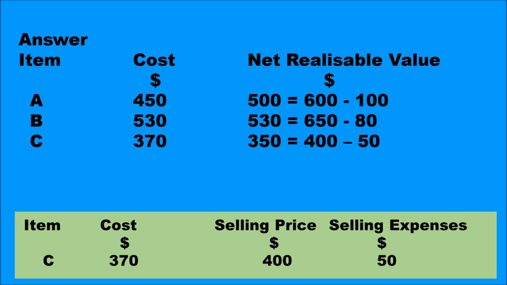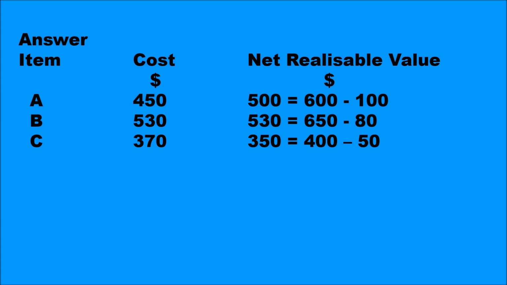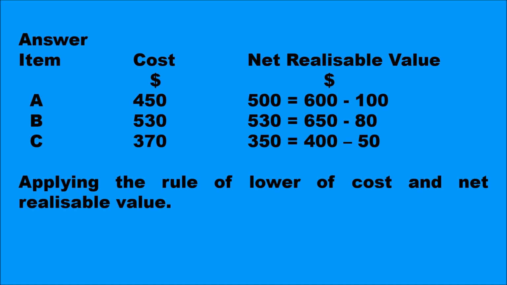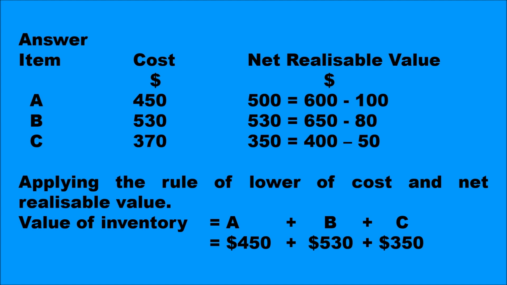Applying the rule, we take the lower of the two. Hence, for A we take 450, for B 530, and for C 350. Hence, the total value of inventory would be $1,330 to be recorded in the books as closing inventory.